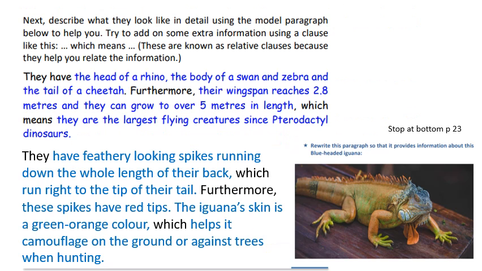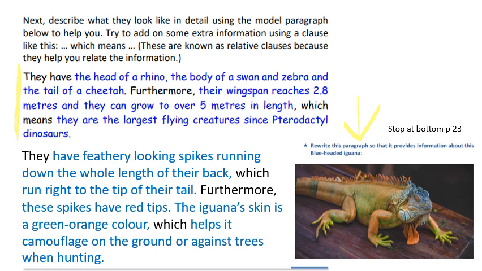Let's have a look at another example. This bit from the paragraph that they gave us talks about what they look like and how tall they are and how long they are, and you can do that too. But what I did for the blue-headed iguana, I just changed it slightly. I just said, they have feathery looking spikes running down the whole length of their back, which run right to the tip of their tail.